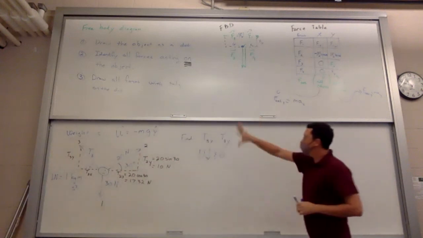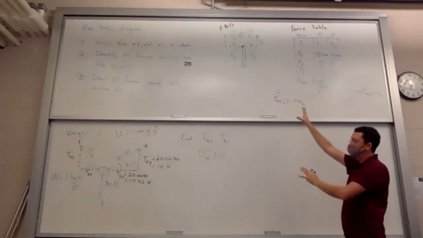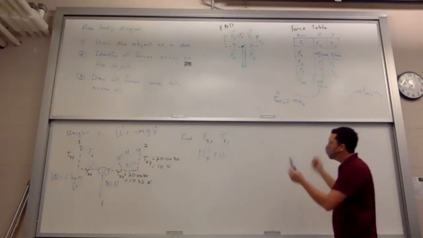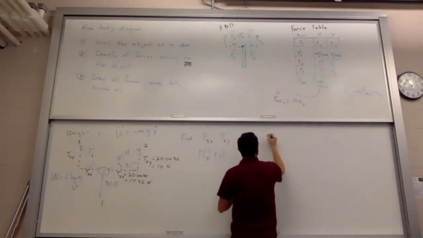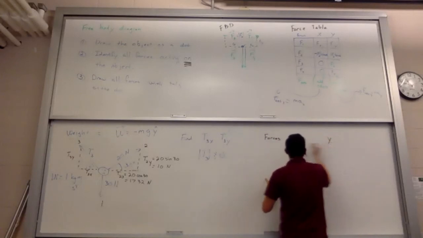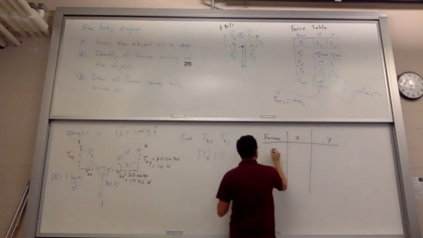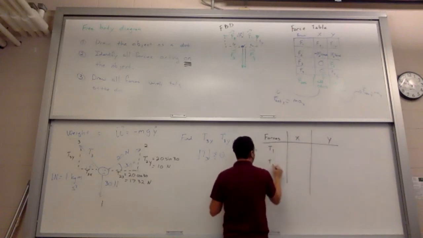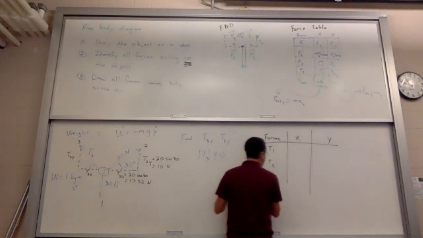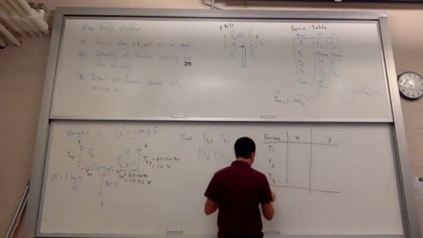Okay, so I've got all my vectors drawn. I figured out components. Now I just put it into a table. So I've got forces, X, Y. I've got tension 1, tension 2, tension 3. And then over here I'll have net force.